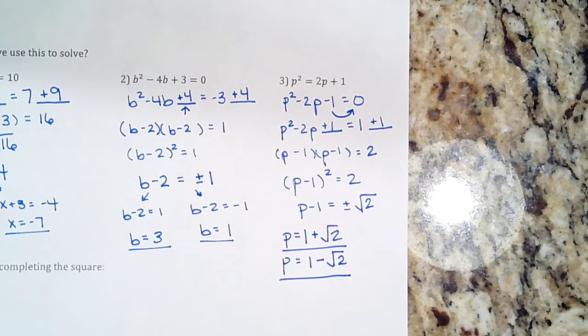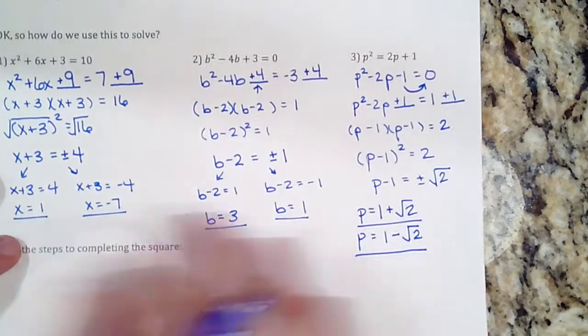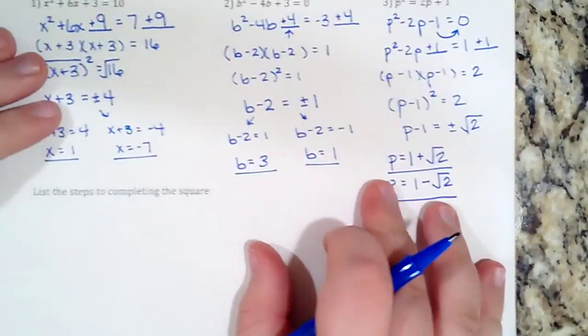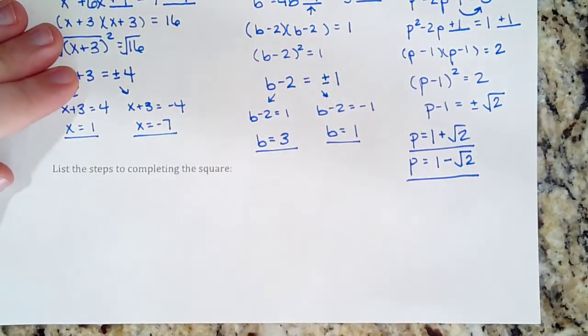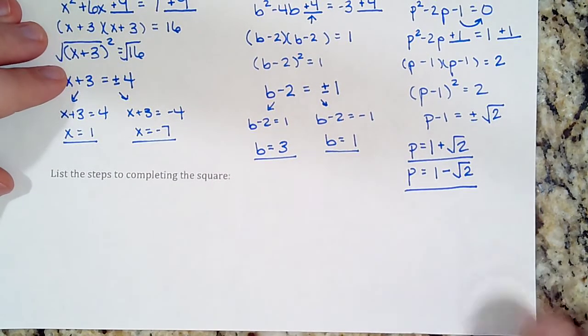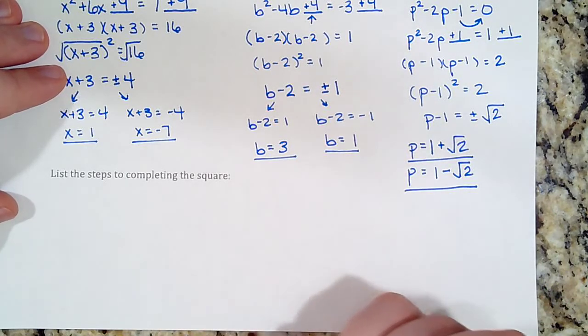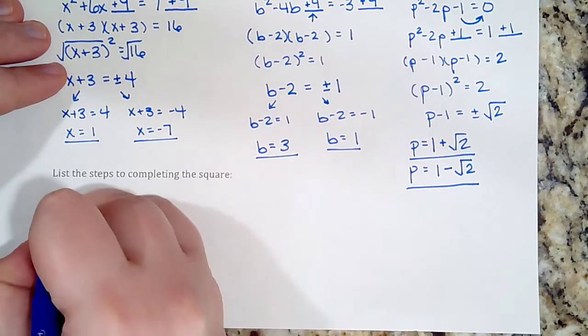All right, now I know that a lot of you are step people, so I definitely want to show you the steps behind this. Let me move this so I can type. There we go. So let's start by listing the steps. What have I been starting out with? Well, if you look at my previous problems, I always move one number away, and so I'm essentially creating a blank.